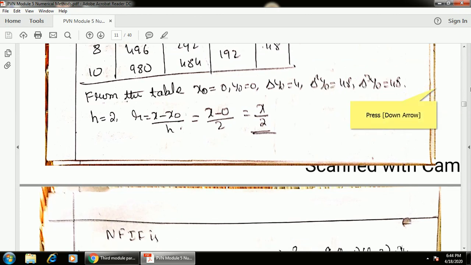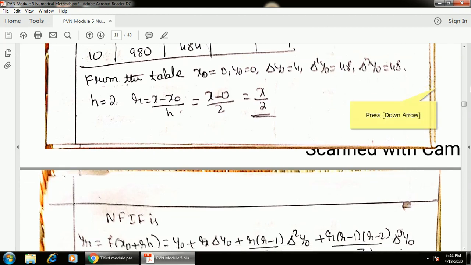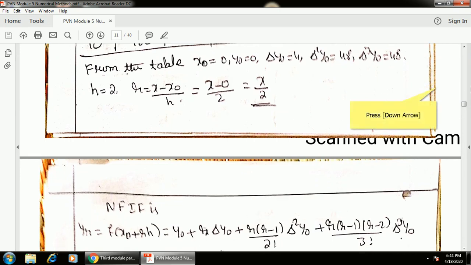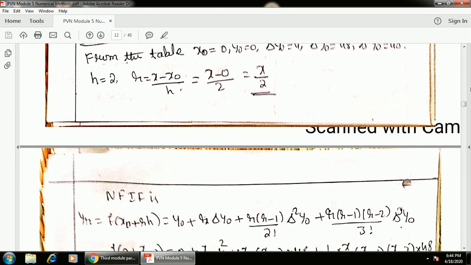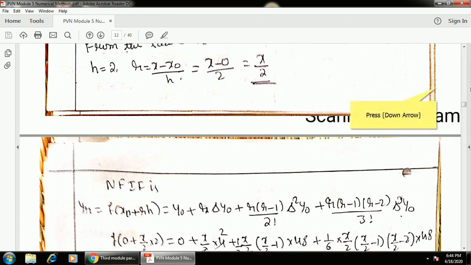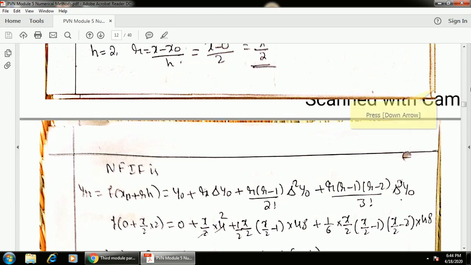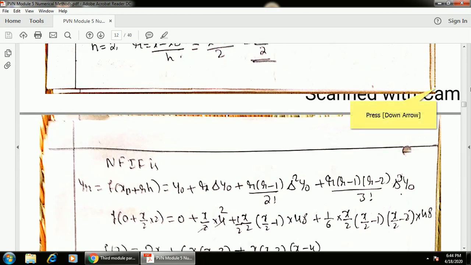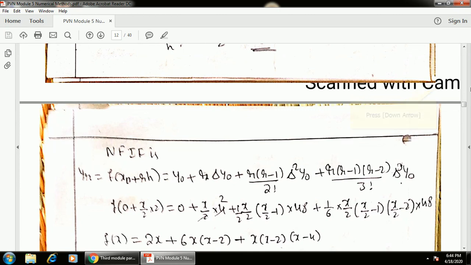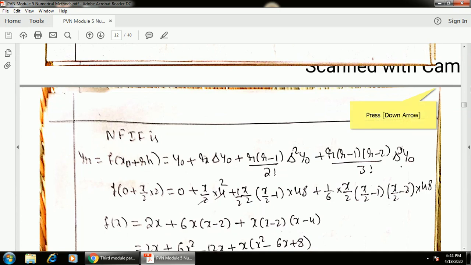And from that polynomial we need to find f of 3, f of 5 and f of 7.